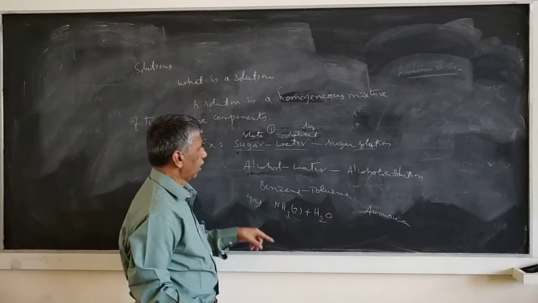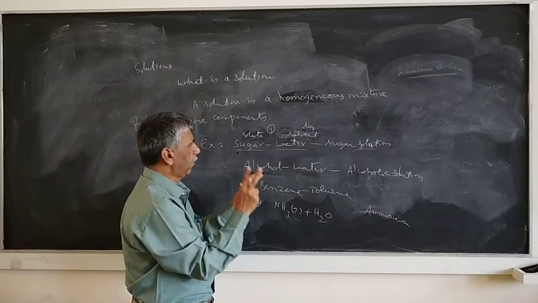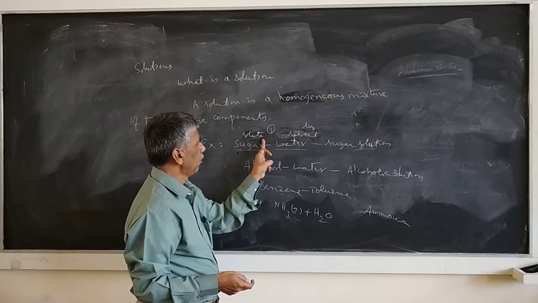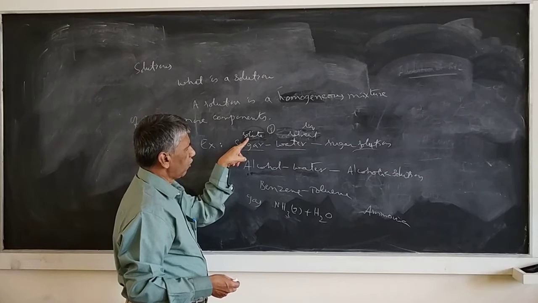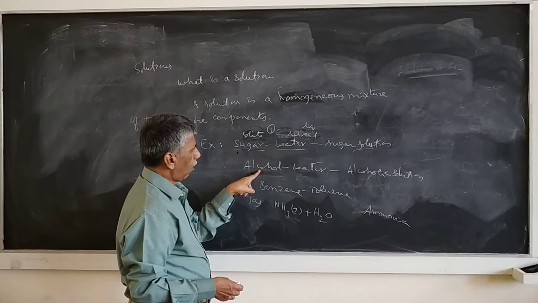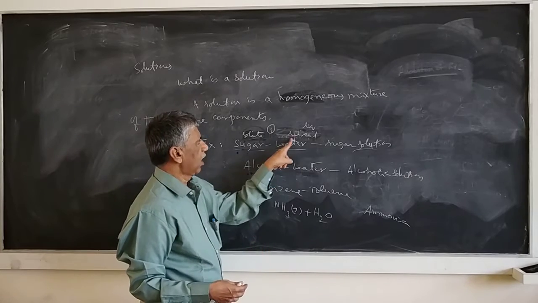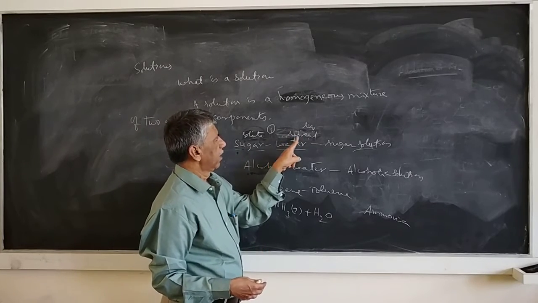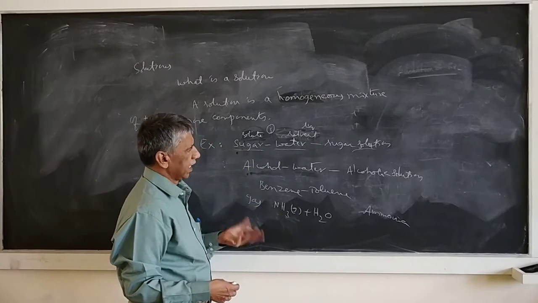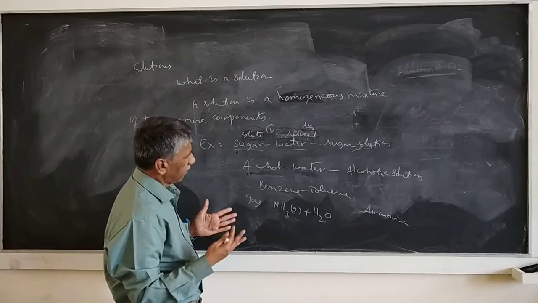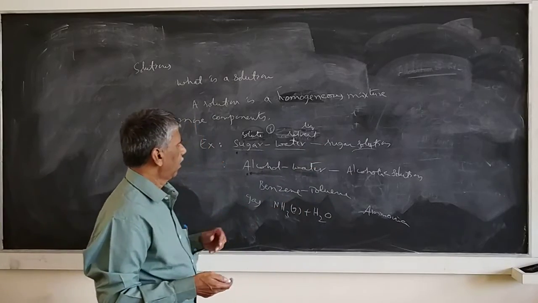So a solution mainly consists of two components: a solute component and a solvent component. This solute component is usually either solid or liquid or gas also. But the solvent portions are usually liquids. Okay. So this is a brief about what is a solution and what are the examples of solutions.